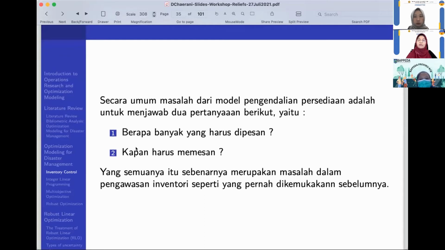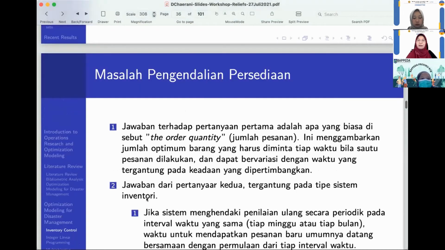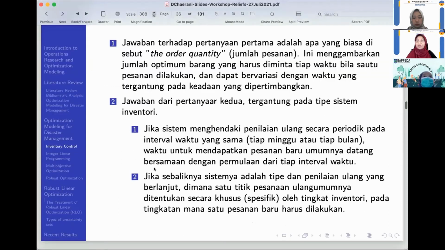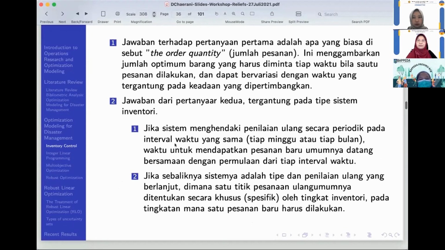Masalah inventory adalah berapa banyak yang harus dipesan dan kapan harus memesan. Ada beberapa cara penyelesaiannya, dan kita bisa lihat bagaimana kedua pertanyaan tadi dijawab.